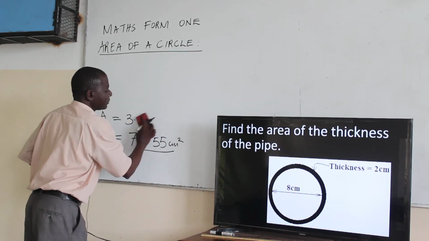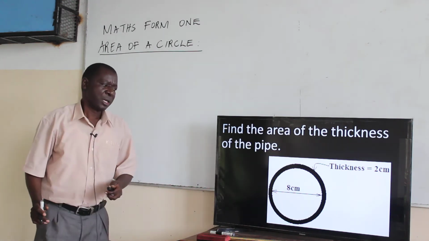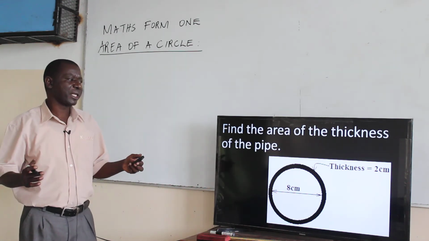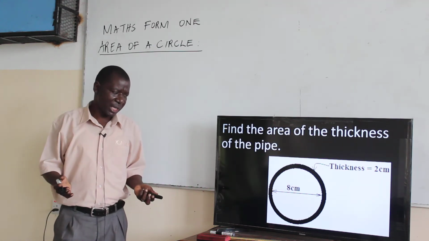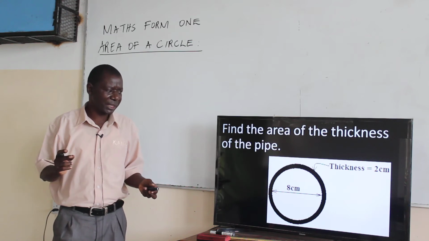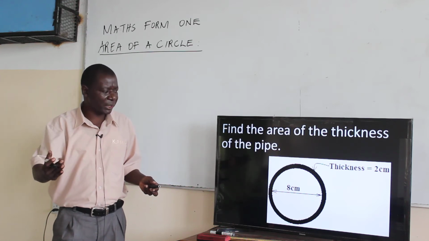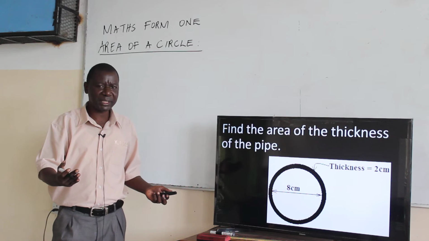So how do we get that? First of all, we need to find the area of the outer circle. The outer diameter: the thickness is 2 centimeters, so the outer diameter will be adding 2 centimeters one side, 2 centimeters the other side.